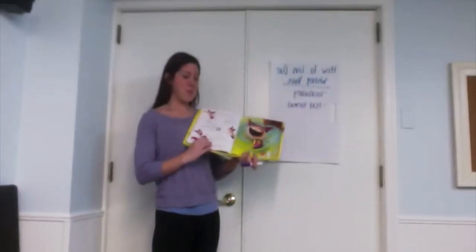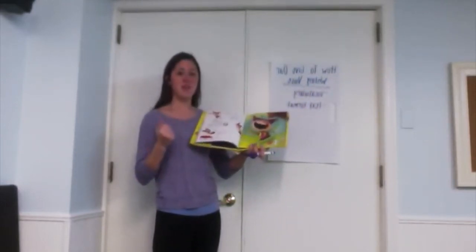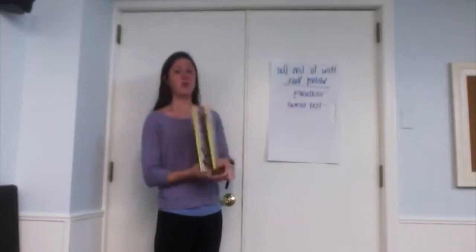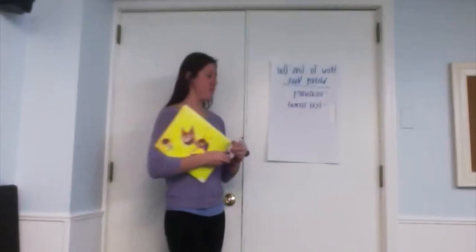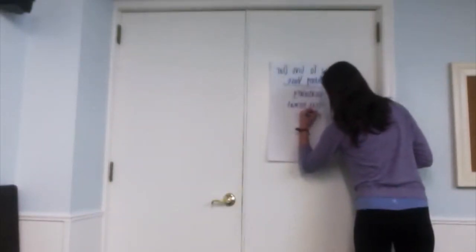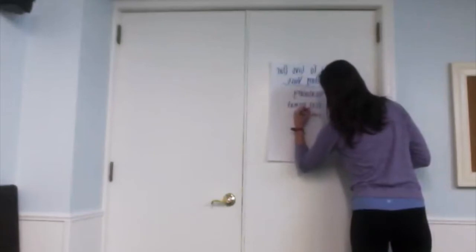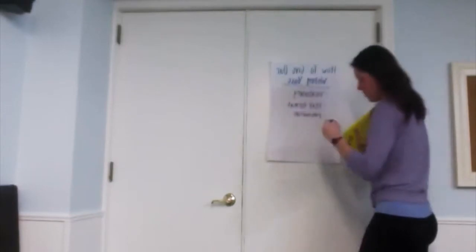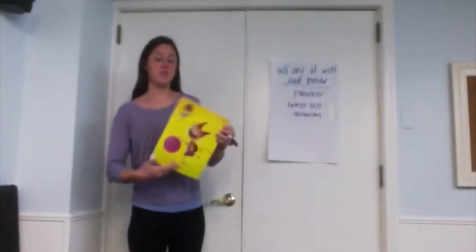But there's an exclamation point, so that's telling me I really need to say Bill and just really scream it. So we can add punctuation to our list. Punctuation will give our sentences more expression to let the readers know how to read it.